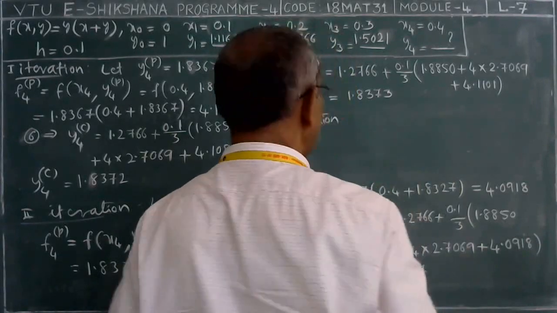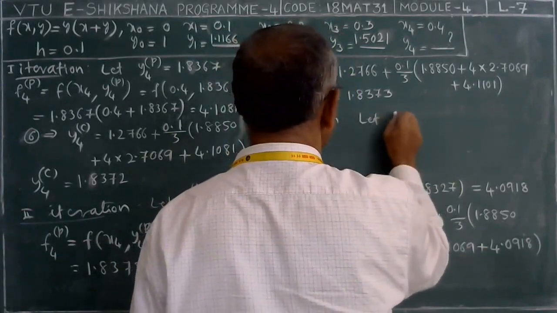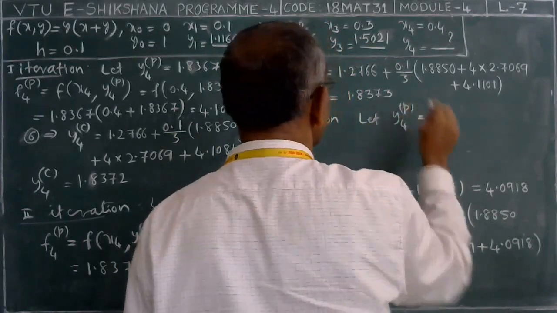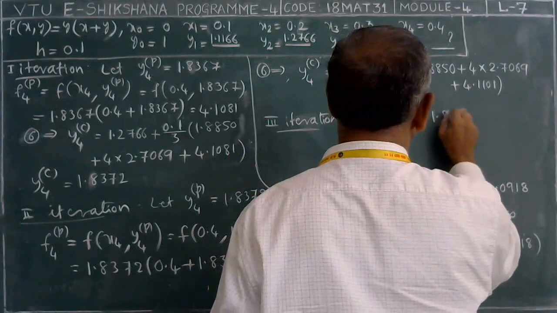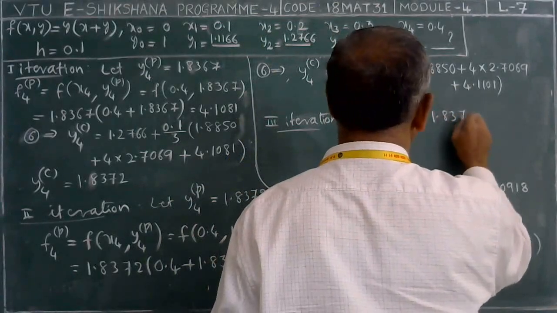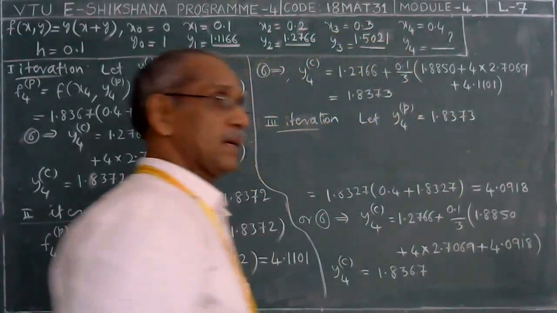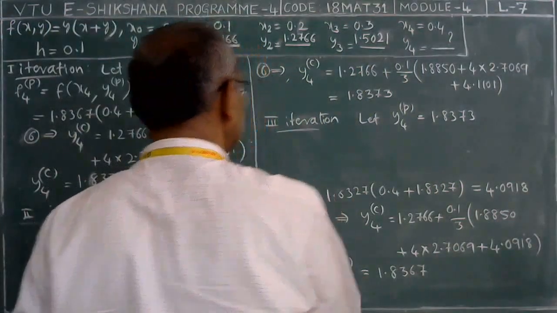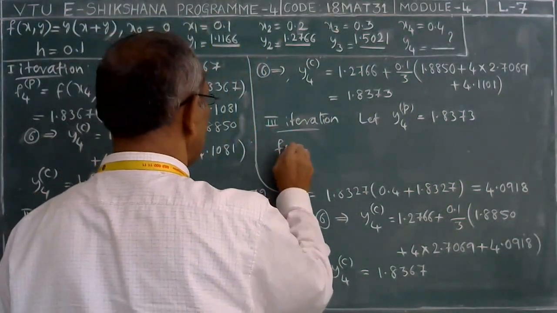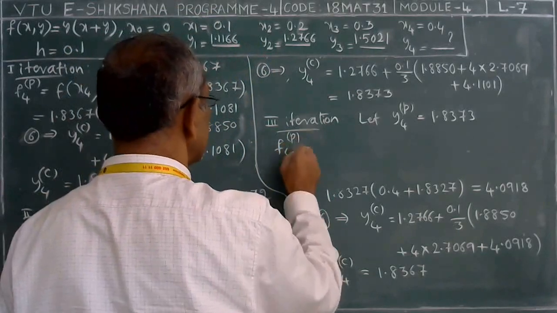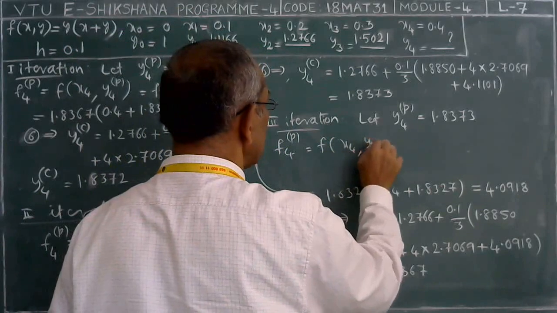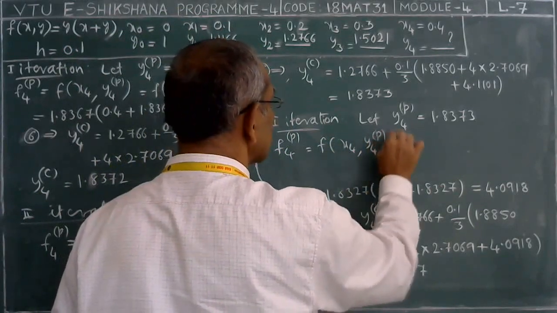Select y4p is equal to 1.837. Okay. So therefore, f4p is equal to f of x4 comma y4p.